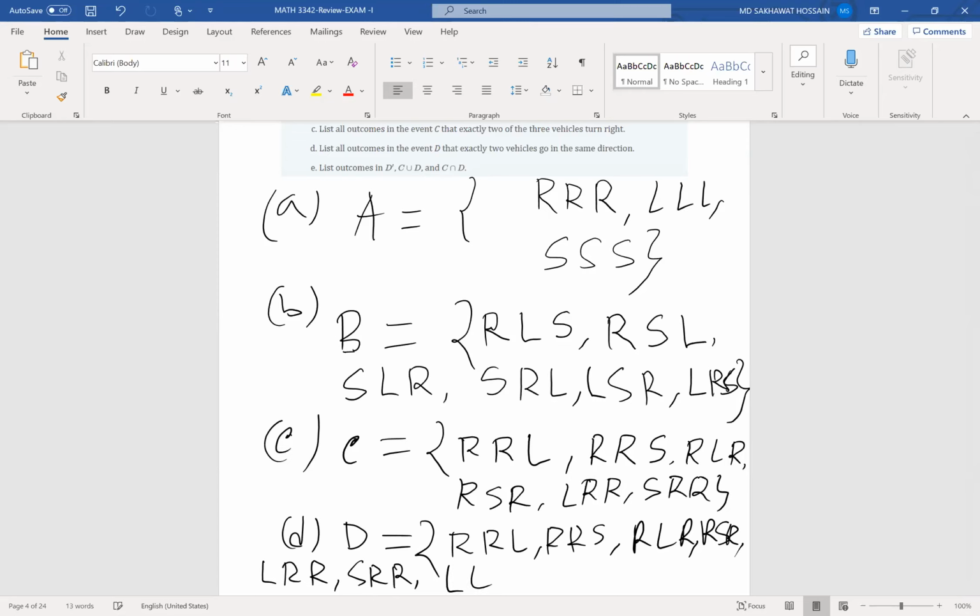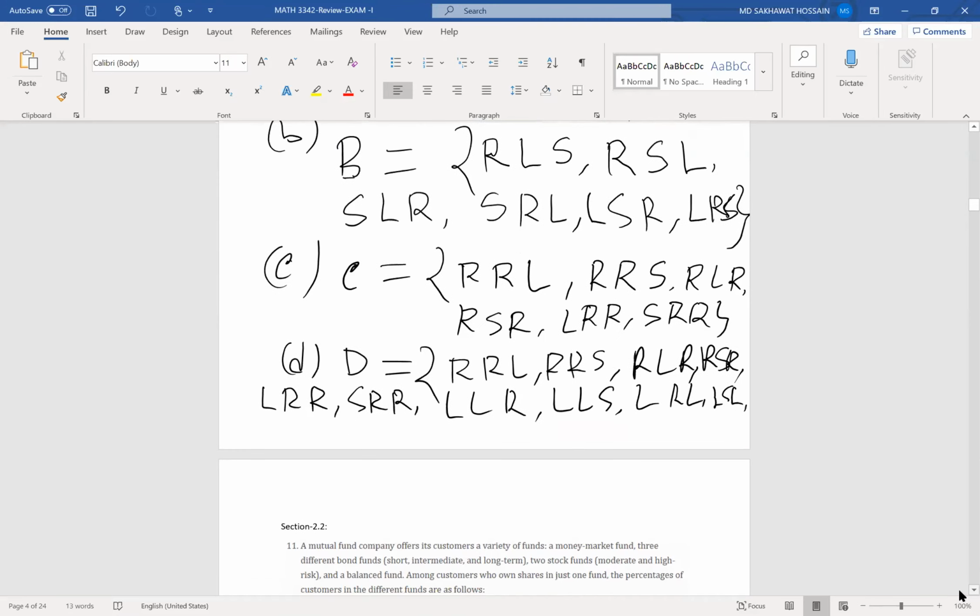Now consider exactly two left. Similarly, you can have LLR, LLS, then LRL, LSL, and then RLL, SLL.